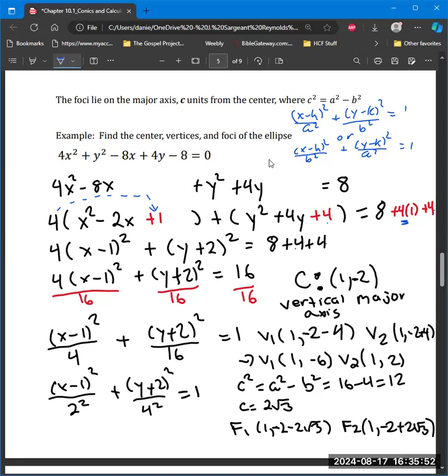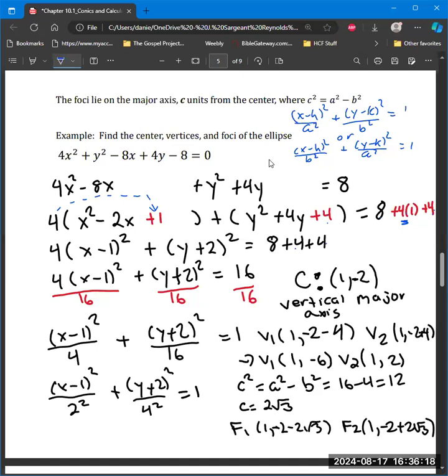Then I have to recognize that these numbers need to be perfect squares of something. So 2 squared is 4. 4 squared is 16. If these had been numbers that weren't perfect squares, like 5, I'd need to write the square root of 5 squared down there. So the center, I'm going to read that straight from what makes this factor 0 and that factor 0. That'll be 1 and -2.